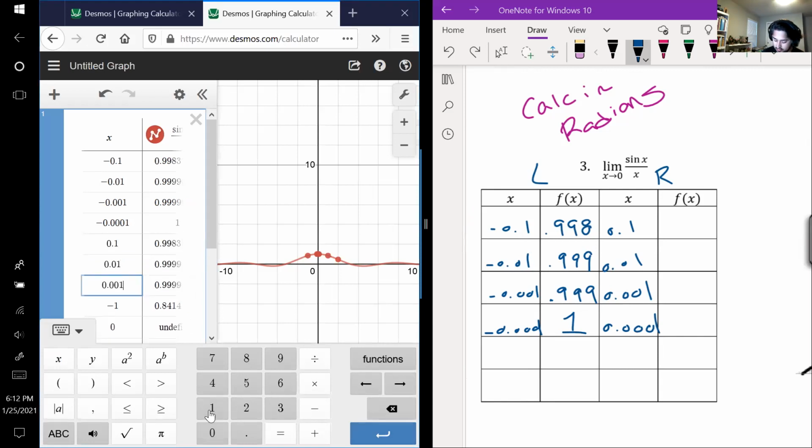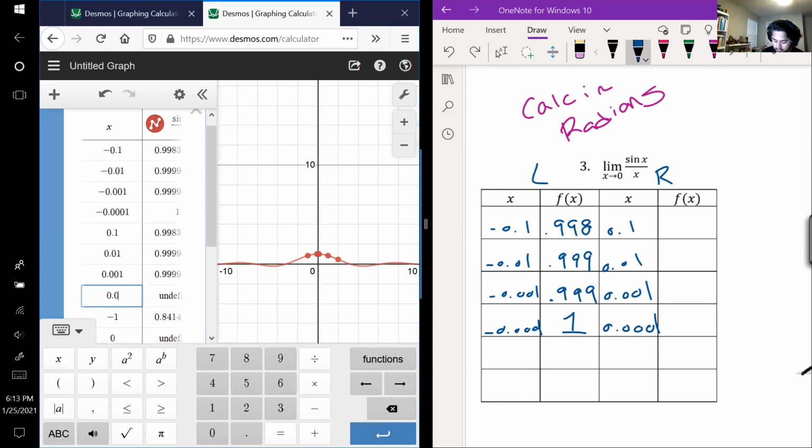Anybody? 1. Yeah, thank you. So we get closer to 1. And the same for the values on the right table. You'll get the same exact things. 0.998, 0.999, 0.999 again, and eventually we get to 1.